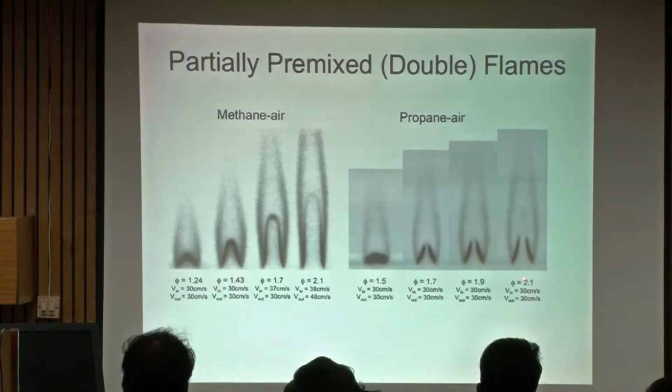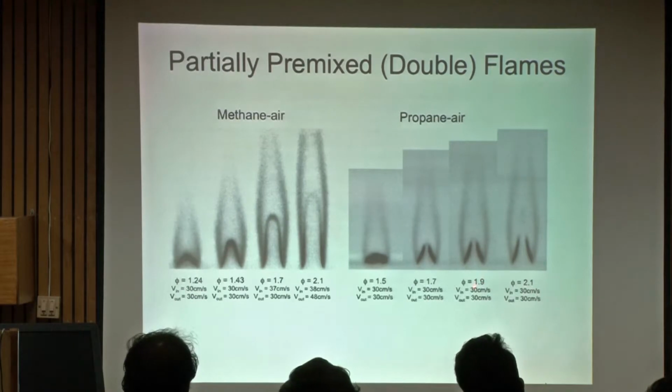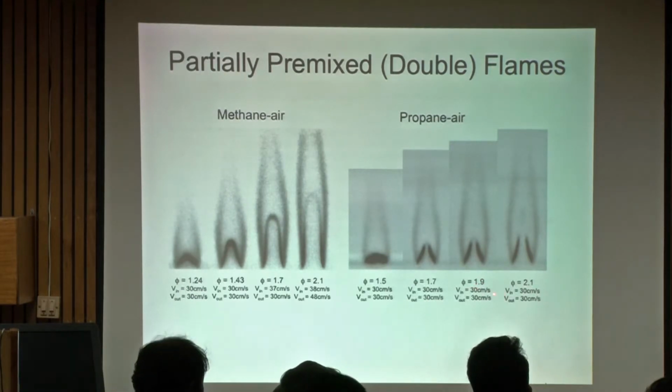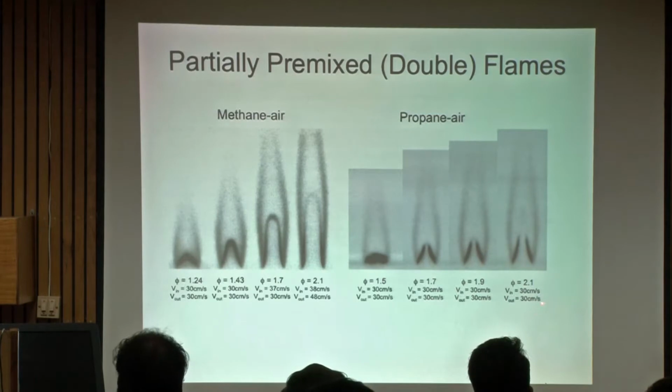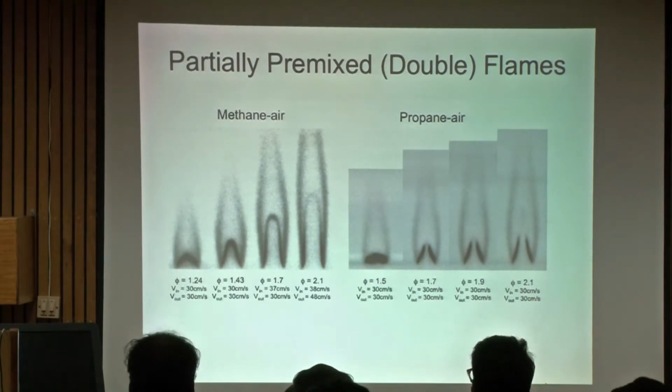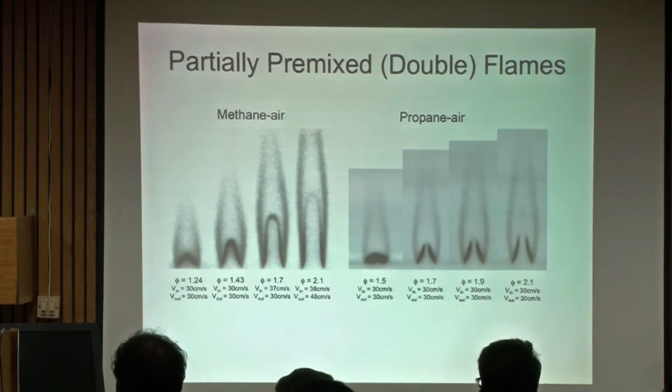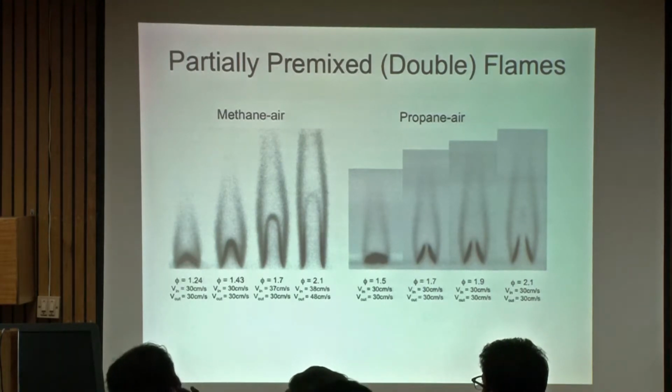So you get double flame, and as you add more air, phi value decreases, right? This is the value of phi in the fuel jet. When you do the experiment, you have 2 tubes, one bringing fuel and one bringing air, and you control the flow rates in order to control the equivalence ratio.